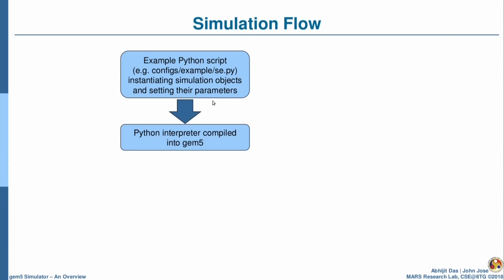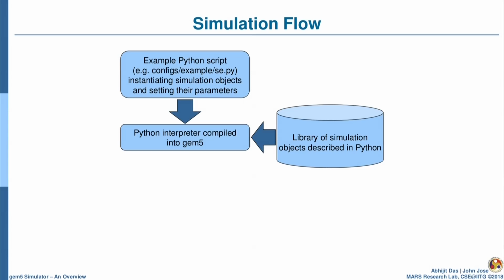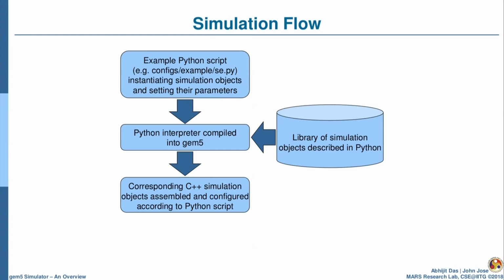This is then interpreted by a library of simulation objects which are already kept in gem5. Then with this interpreter, the corresponding C++ simulation objects are assembled and configured according to the given Python script, and from there the actual simulation begins.